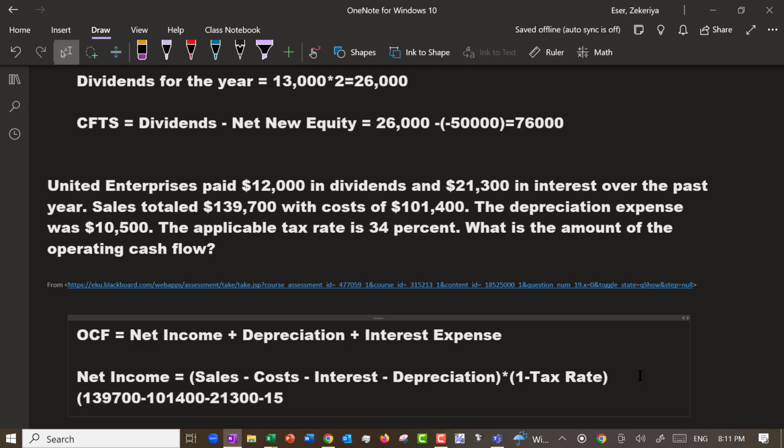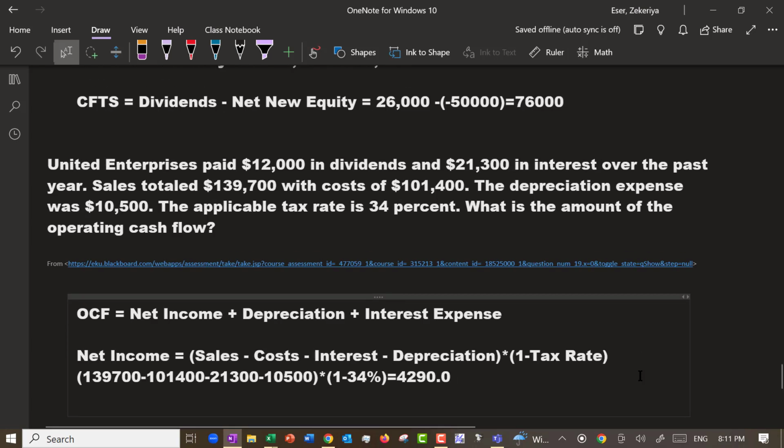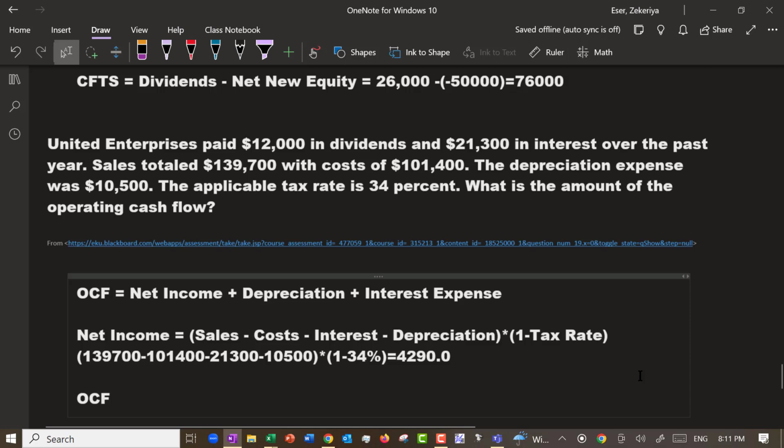Depreciation, 10.5. 1 minus the tax rate, 34%. We got our net income, add back the depreciation and interest, you're home. Again, once I write the definition, things follow easily.